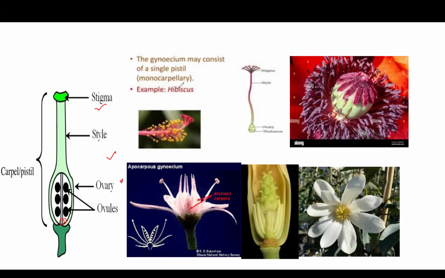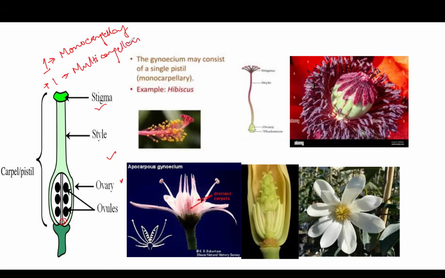One is monocarpellary and the other is multicarpellary. If it has one carpel, I will say it is monocarpellary. And if it has more than one carpel, I will tell it as multicarpellary.